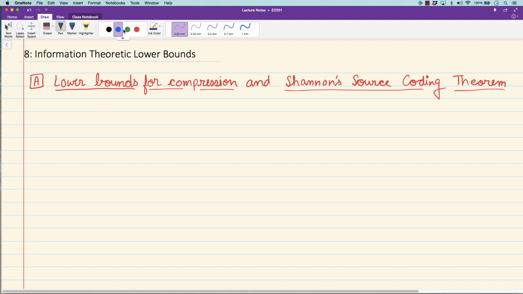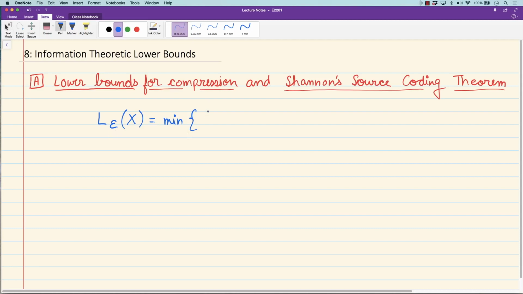For us, the compression problem was abstracted in terms of this quantity, L epsilon of X. X was some random variable. Epsilon was a parameter between 0 and 1. It can be defined compactly as the minimum number of bits required to represent X when you want to recover it with probability of error epsilon.